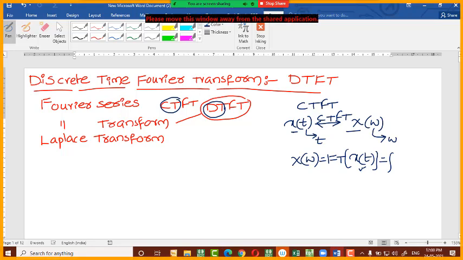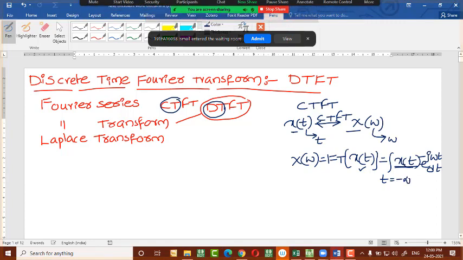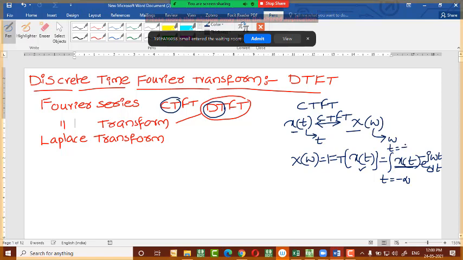That means already x of t is available with you. So you need to use that x of t. For which signal you are calculating the Fourier transform, that signal has to be placed here. After that, e power minus j omega t dt. And here we are doing the integration with respect to t. So limits are for t only. So t is changing from minus infinity to plus infinity.